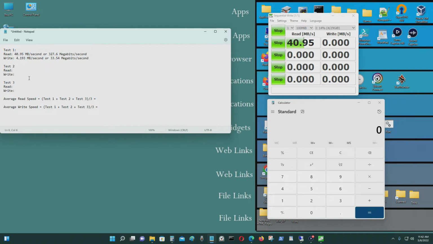So I got about 40.95 megabytes per second. Same. This time I got even worse write speeds.